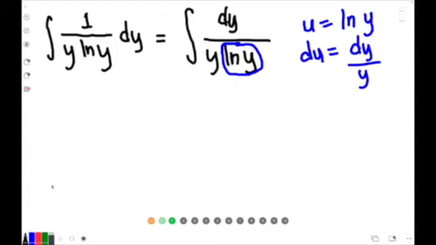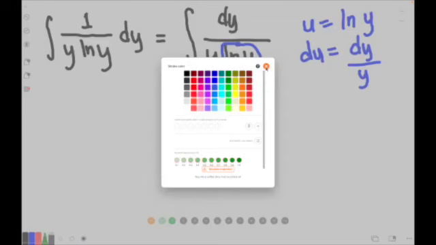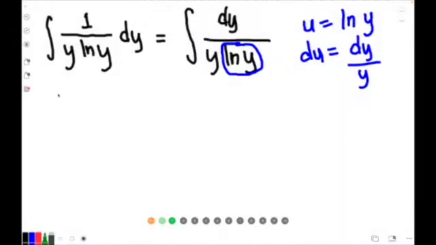Now that we assigned the value for u and du, we can see that this problem is just similar to having a pattern of du, which is dy over y in this case, divided by u, which is ln y.